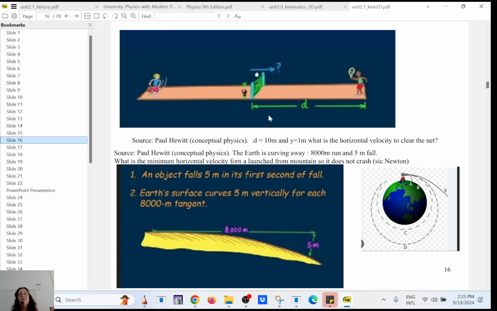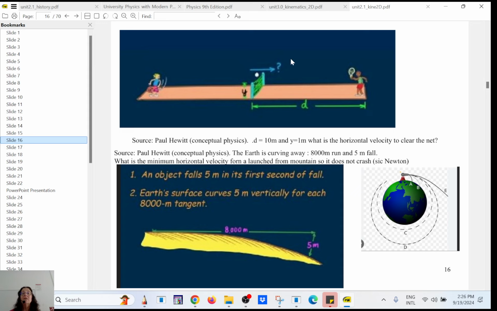Okay, so let's do this one, and then we can move to vectors. So the story is the tennis ball just clears the net. The net is 1 meter high, and that side of the tennis court is 10 meters.